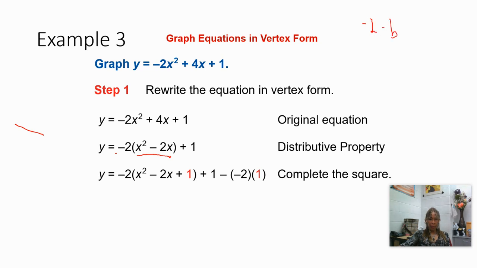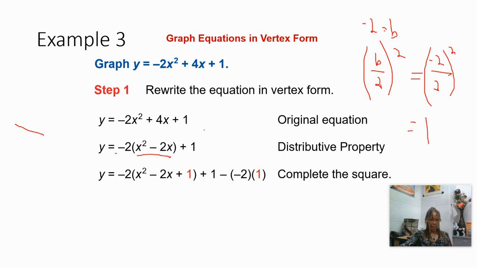And remember, I want b over 2 quantity squared. So -2 over 2 is -1. I'm just going to write it out because I'm sure somebody missed class. So there you go, -1 squared equals 1.